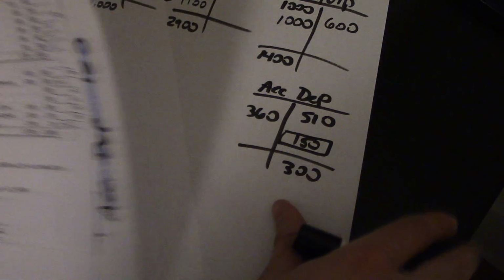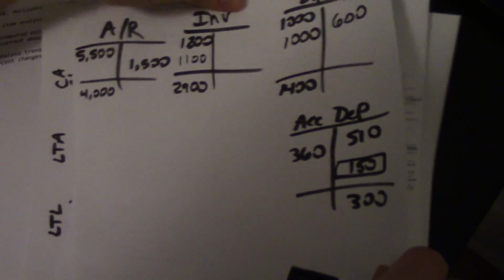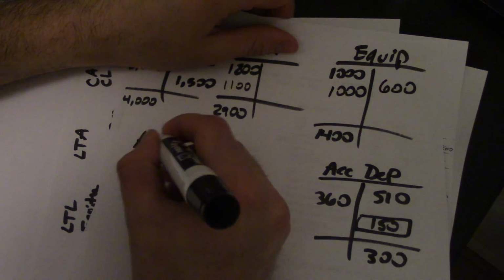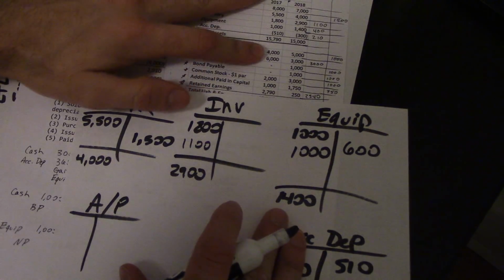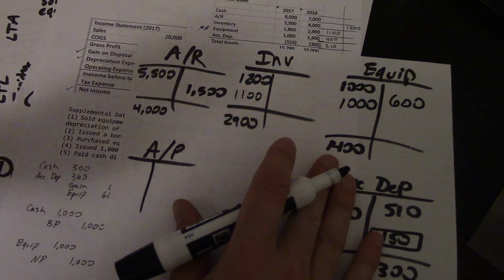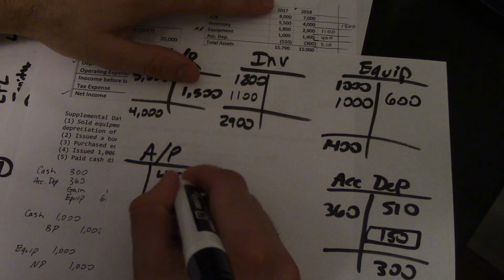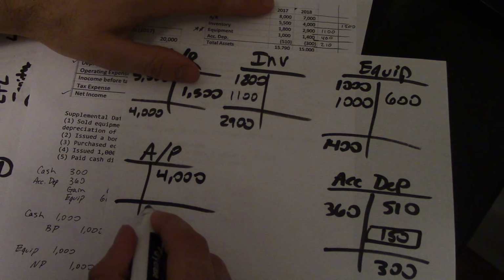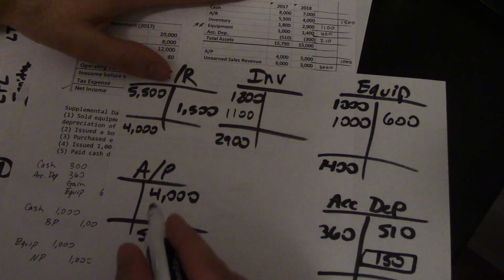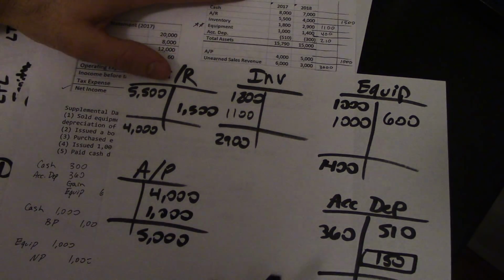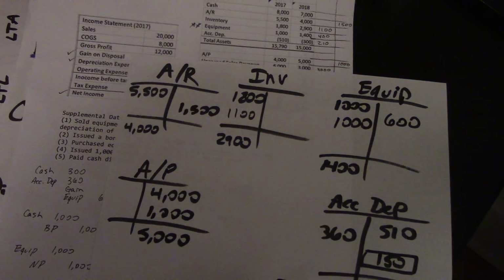Next is accounts payable. So again, making an accounts payable T account. We began with 4,000 and ended with 5,000. Accounts payable is a liability, so it has a natural credit. Therefore, we increased accounts payable by 1,000 bucks.